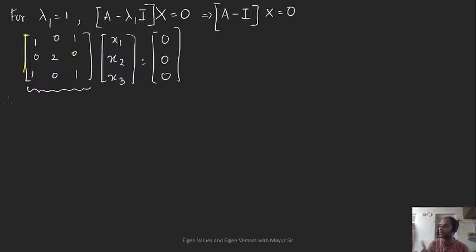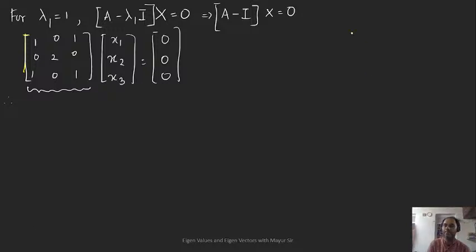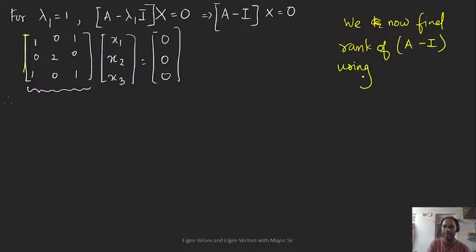So we now find the rank of A minus I using row echelon form.